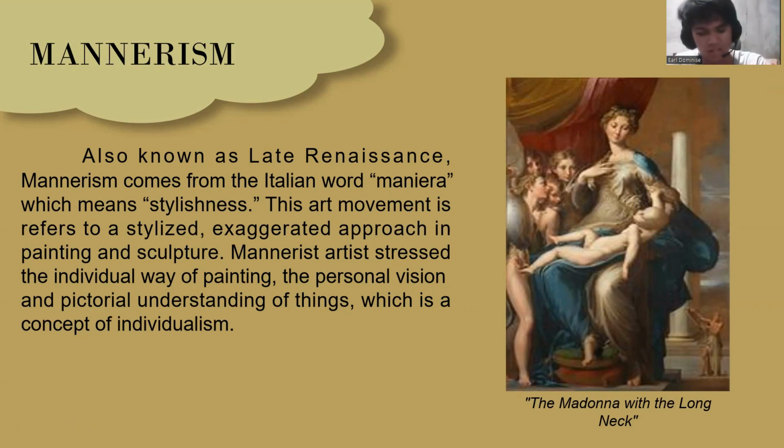So what makes it a perfect representation of Mannerism? As you can see, Mary is holding the baby Jesus. Mary has a long swan-like neck. As you can also notice, the length of her fingers and shoulder and the oversized Jesus. These extended body features are typical of Mannerism.